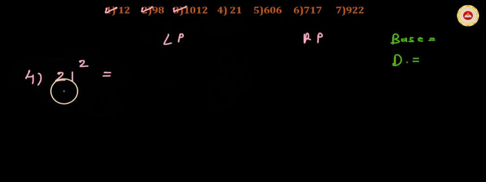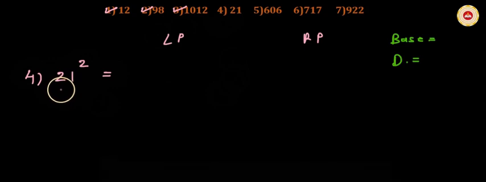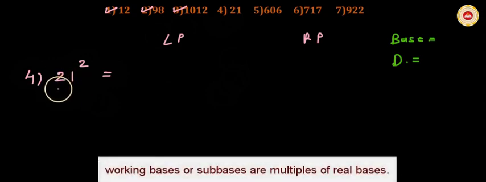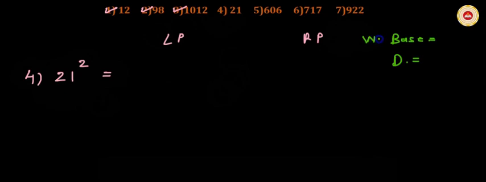Such numbers are called real bases. 21 is not near any real base. 21 is closer to the working base, or sub base, 20. 20 is the nearest working base for the given number 21.